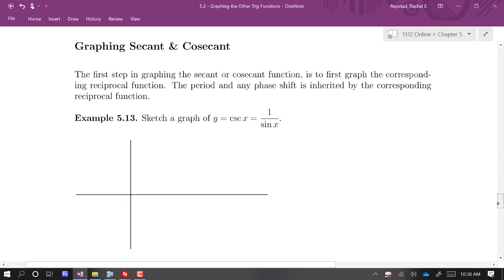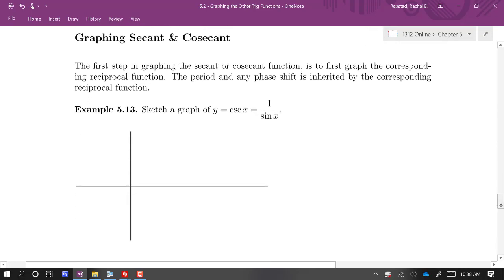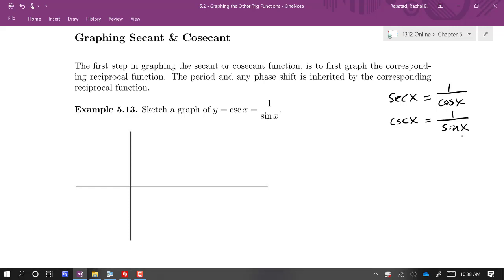Okay, so now let's talk about the secant and cosecant functions. The first step in graphing the secant or cosecant function is to graph the corresponding reciprocal function. Remember that secant of x is 1 over cosine x, and that cosecant of x is 1 over sine x. So what you do is you graph the reciprocal function, the corresponding function.